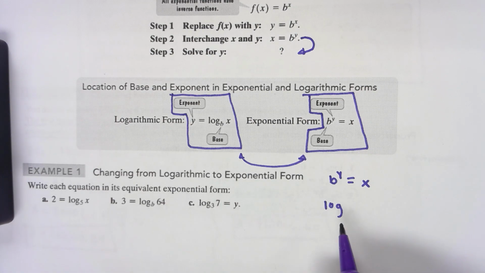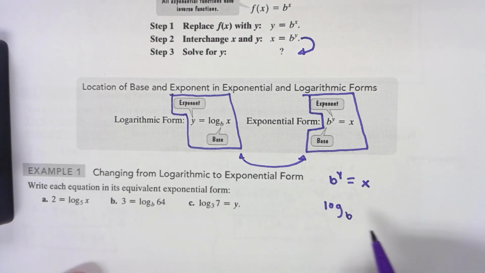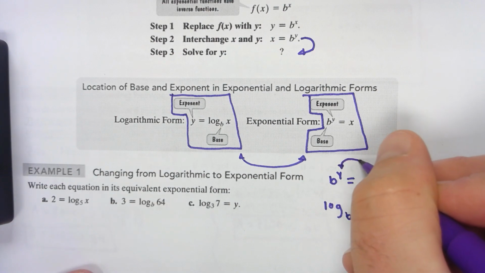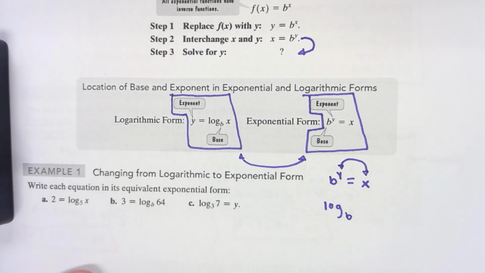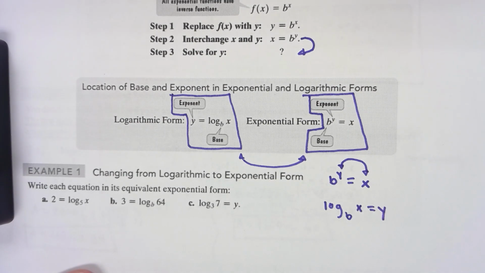So I start with log. The base of my exponential is the base of the log. Okay, that's one thing that stays consistent. And the last thing that I think about is the other two terms change locations. So instead of it being log base b of y, now it's log base b of x, and it equals y.